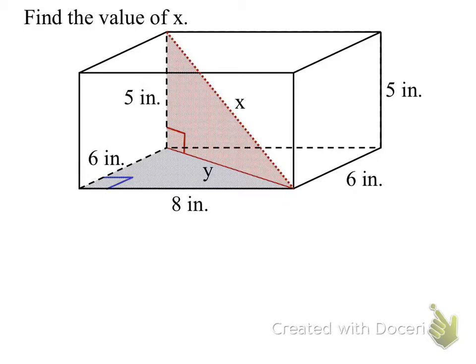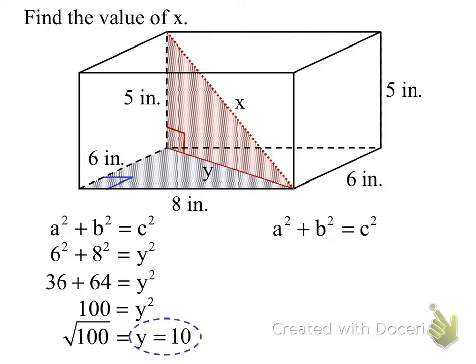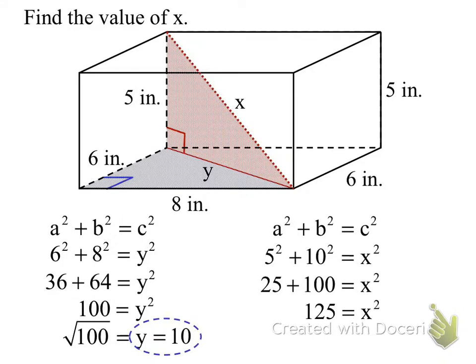I have to use Pythagorean Theorem to find that. So I substitute in, and I get y is equal to 10. Okay, once I get that, then I have 2 out of my 3 dimensions for the red triangle. And I can find the diagonal, which is the hypotenuse. And I get about 11.2. And you can either put it in radical form or estimate it, and that's the end of the lesson.